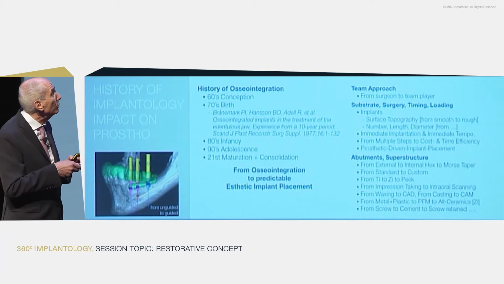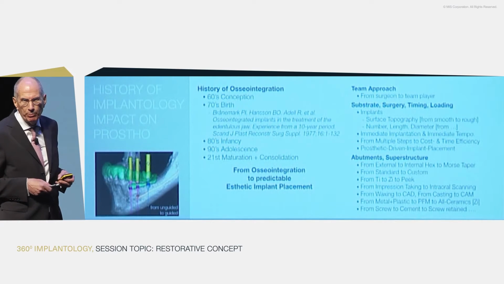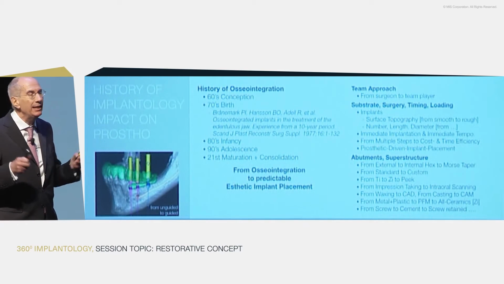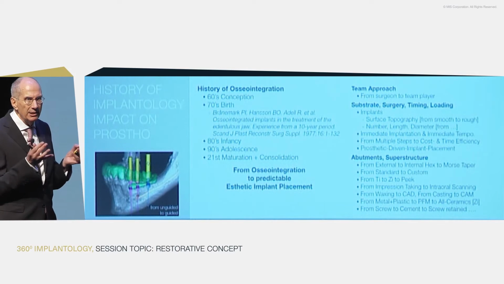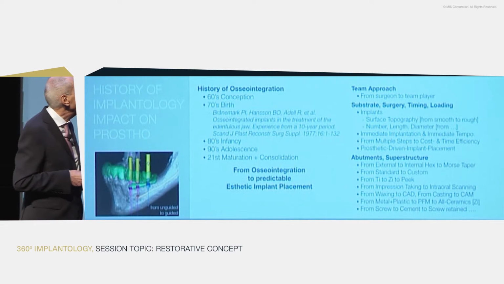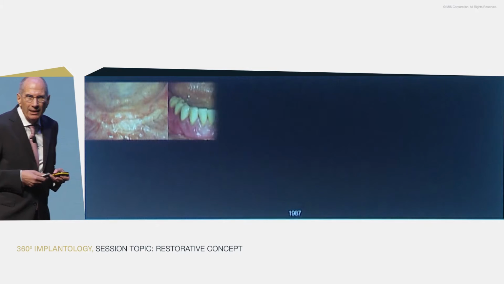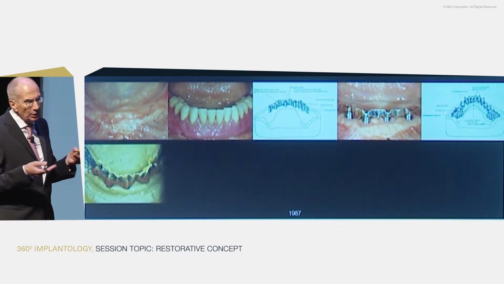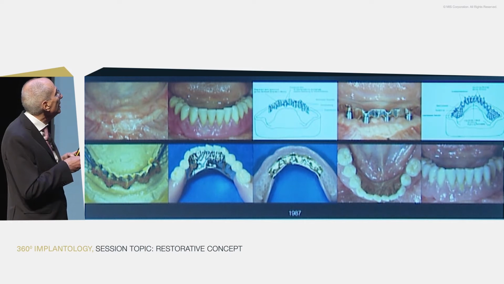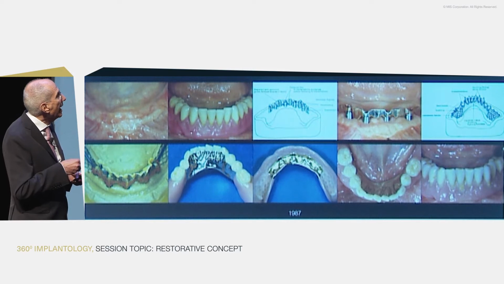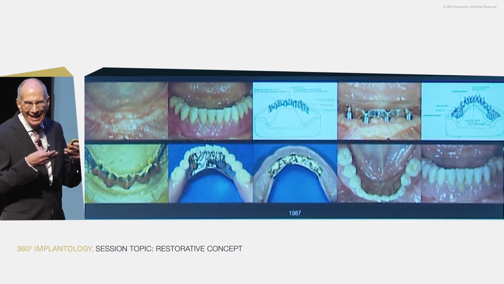Maybe let's take another big one, the team approach, whereas in the beginning it was a totally surgical procedure. Today this is more of a team approach. And this reminds me of the 80s, the birth, when we treated our patients. You see an old edentulous case, where everything had been done by casting.